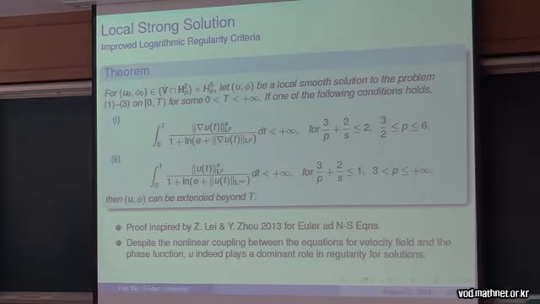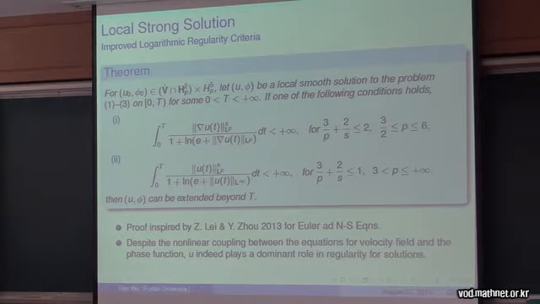However, we can prove some regularity criteria for the local strong solution. This was inspired by the previous work due to Professor Zheng Lei and Yi Zhou. And actually, we can find that although our system looks much more complicated than the Navier-Stokes equation due to the nonlinear coupling, it's not so bad.